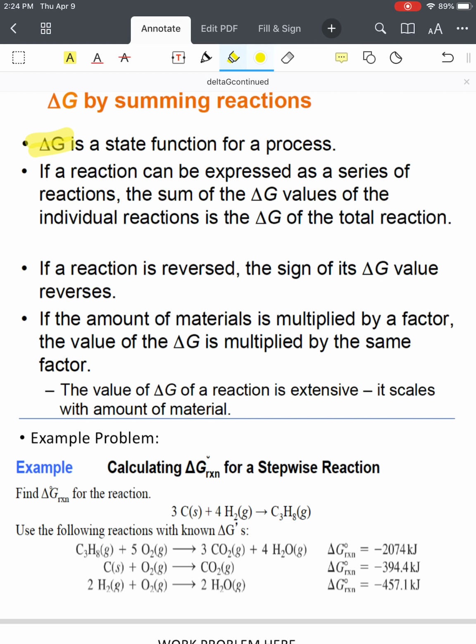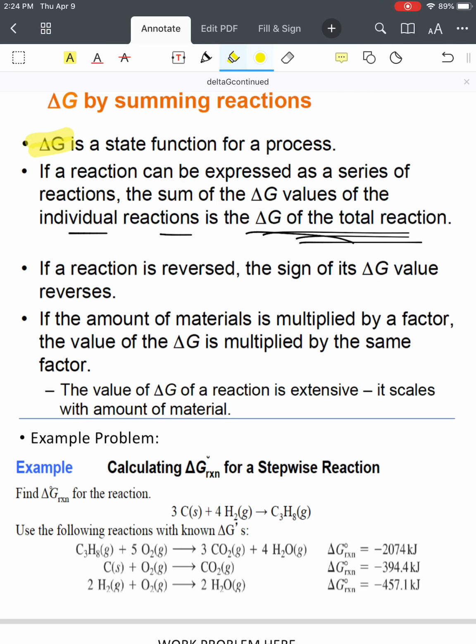It doesn't matter how we get from reactants to products, as long as we do that in a very specified set of conditions, delta G is conserved. It's the same, okay? So if a reaction can be expressed as a series of reactions, the sum of the delta G values of the individual reactions is the delta G of the total reaction. So this process is going to work almost identically to what we just saw.